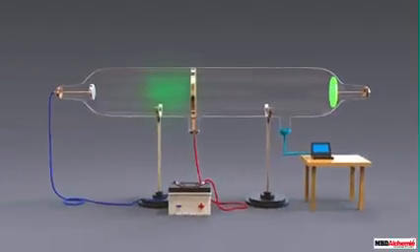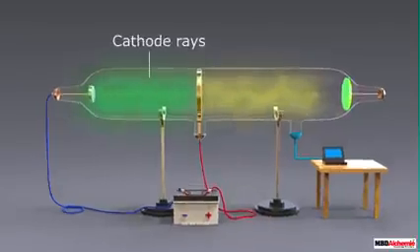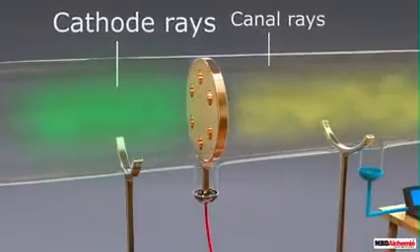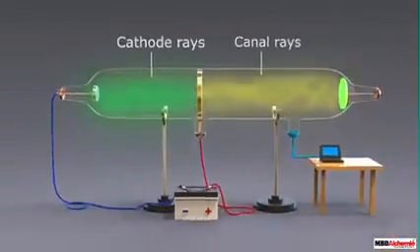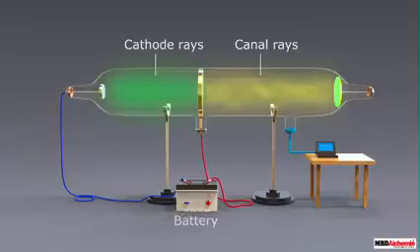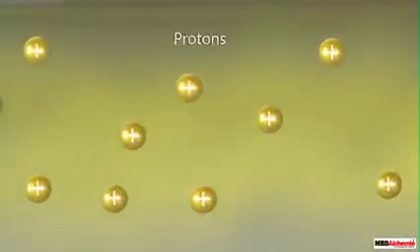On passing the electric discharge, rays were observed which traveled in the direction just opposite to the cathode rays. These were named as canal rays and they passed through canal-like holes. As their direction was just opposite, it was concluded that these must be made up of some positively charged particles. These positively charged particles were nothing but the protons.